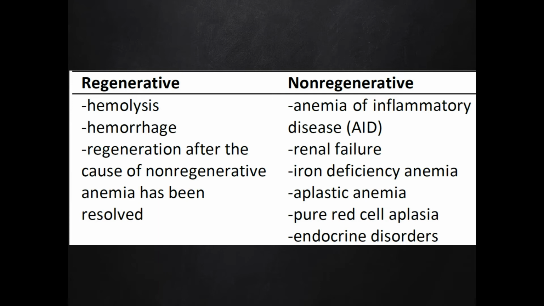In non-regenerative, you can have a clue of anemia of inflammatory disease. You can also have renal failure with acute kidney failure or chronic kidney failure, and then also iron deficiency anemia, aplastic anemia, pure red cell aplasia, and also endocrine disorders.